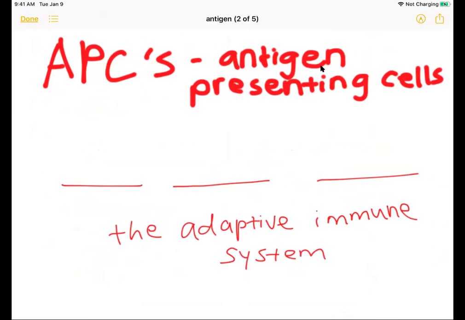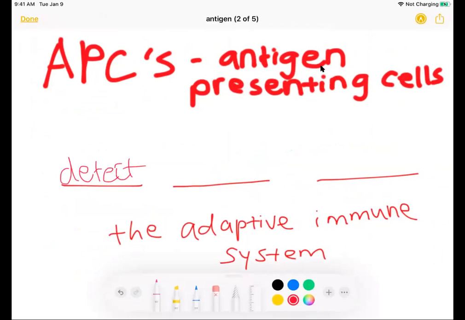APCs are antigen presenting cells, and these are going to detect, engulf, and inform the adaptive immune system if there are different pathogens in the body.